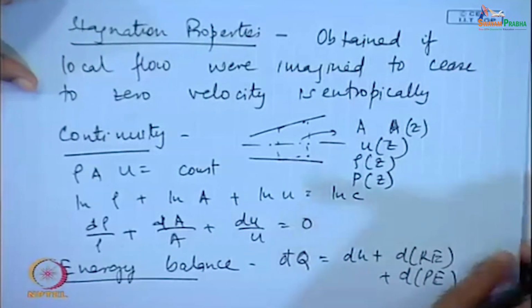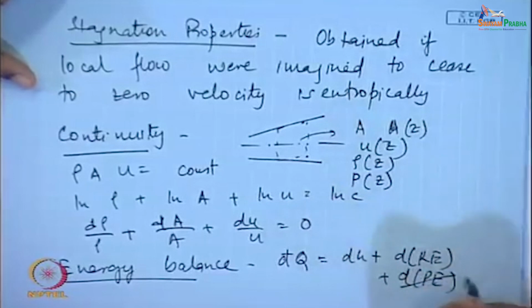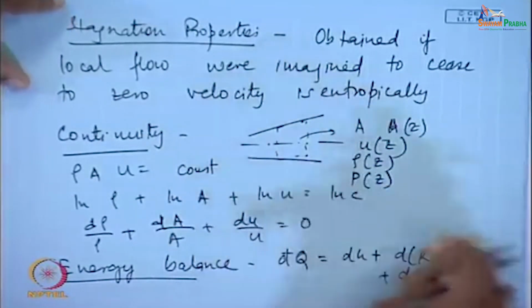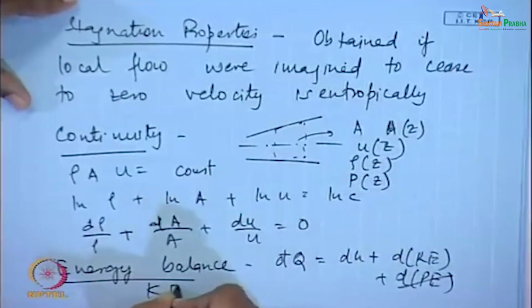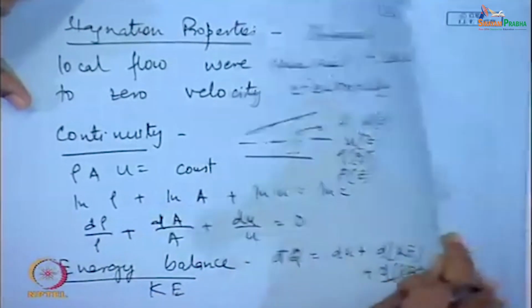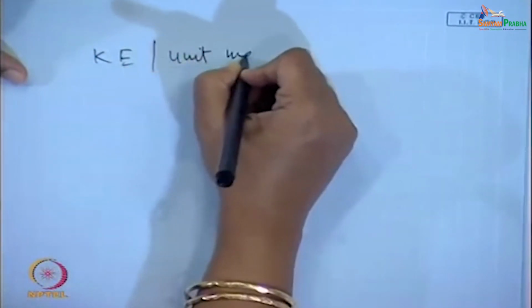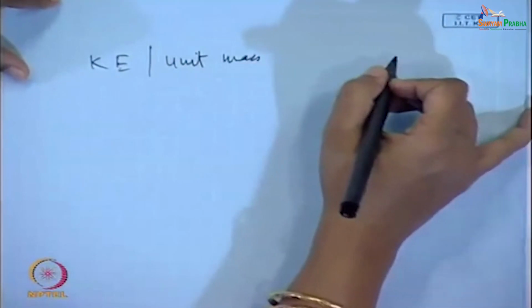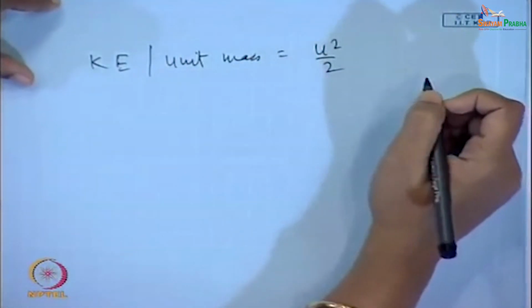Okay. Now, usually the potential energy can be neglected, because in this particular case it can be neglected. The kinetic energy per unit mass is nothing but u square by 2.